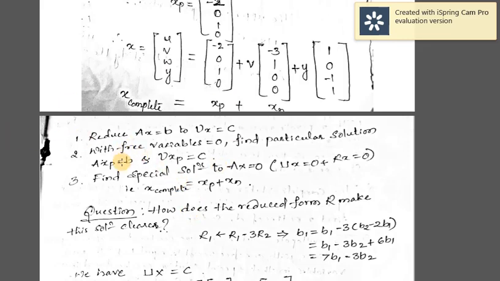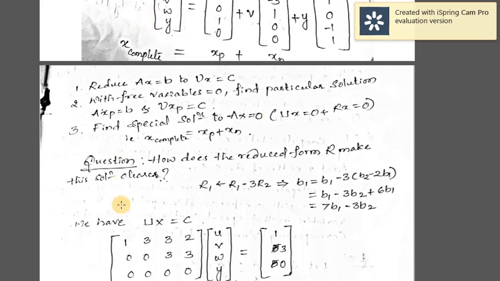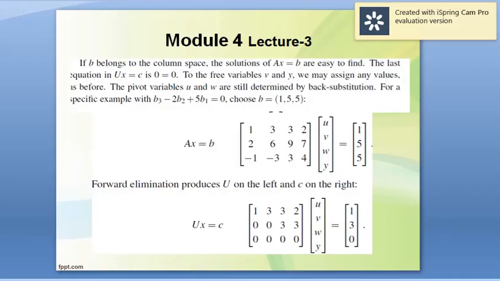So how can we obtain the particular solution by considering the free variables as 0? Because just now we have obtained the complete solution. And we even need to understand what Rx is equal to d is, the heading we were learning.